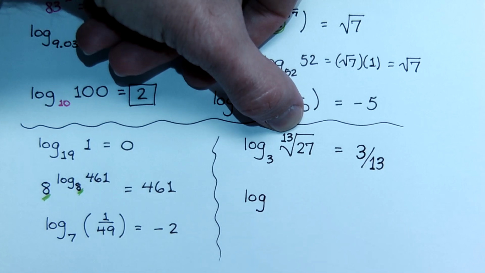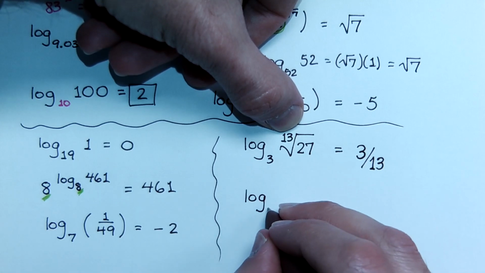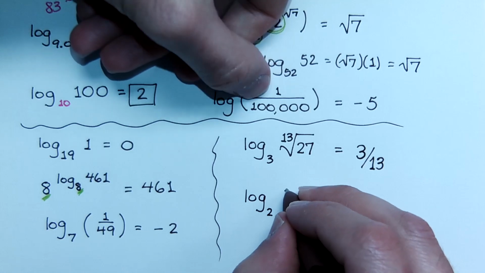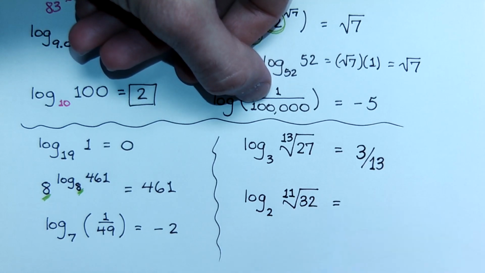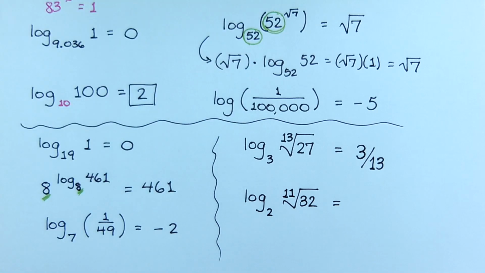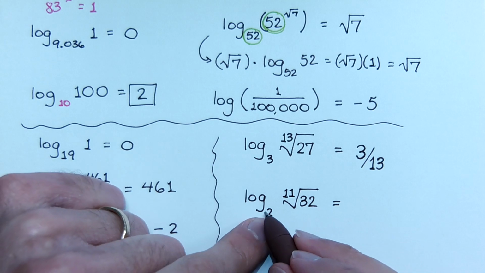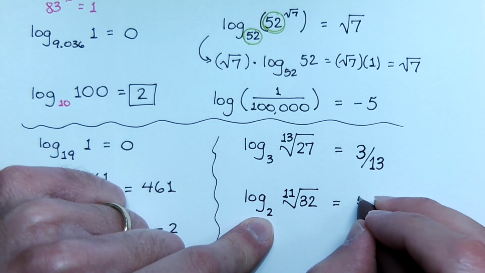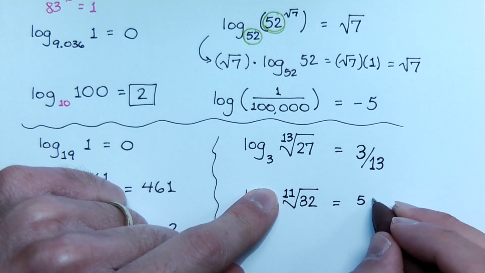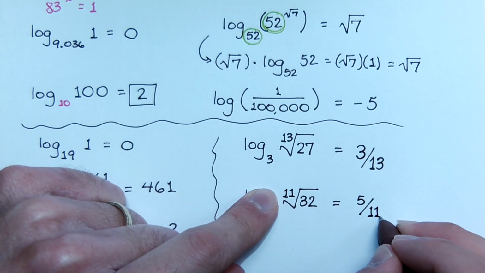If I do log base 2 of the 11th root of 32. No. What power of 2 gives you 32? Start there. 5. That's 5. And then you take the index, you divide by 11.